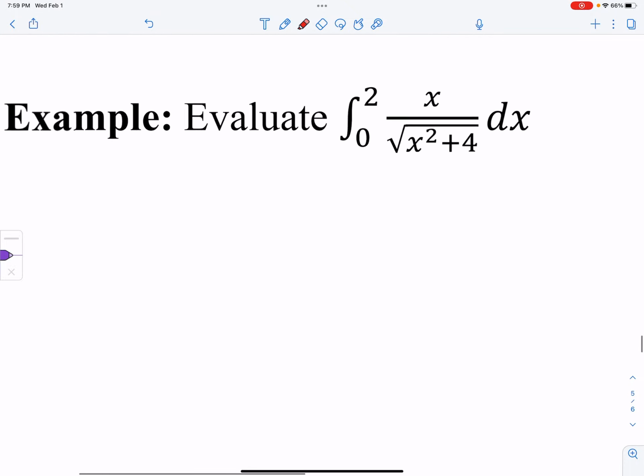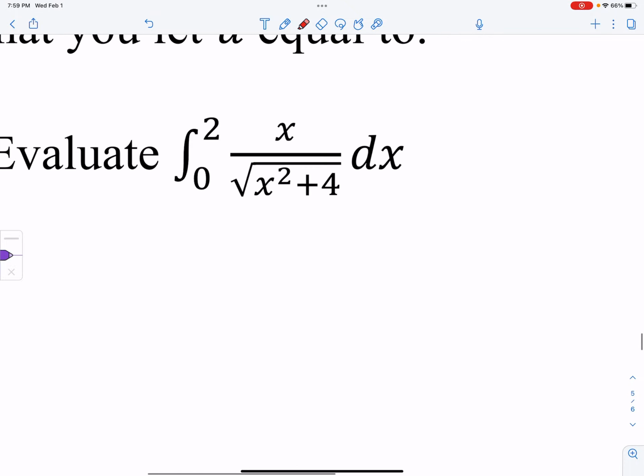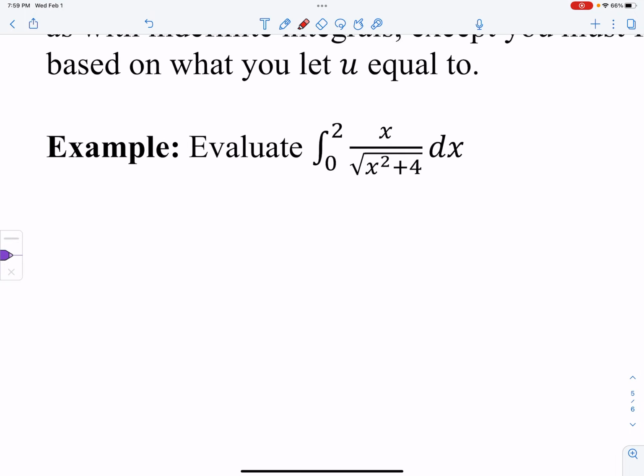Okay, so just focusing on x over the square root of x squared plus 4, let's figure out what we're going to let u equal. Let's let u equal x squared plus 4.